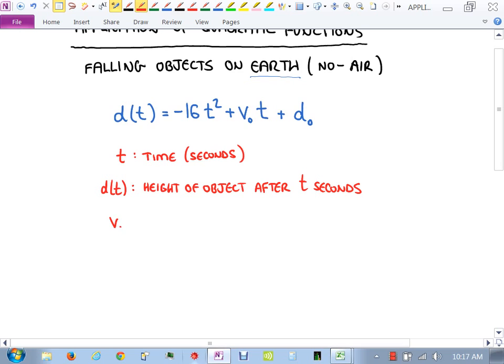This little v with the 0 here. The way you say that is v naught. V naught. And what it is, is your starting speed. I'll explain this in a second. It's your starting speed. It's measured in feet per second.